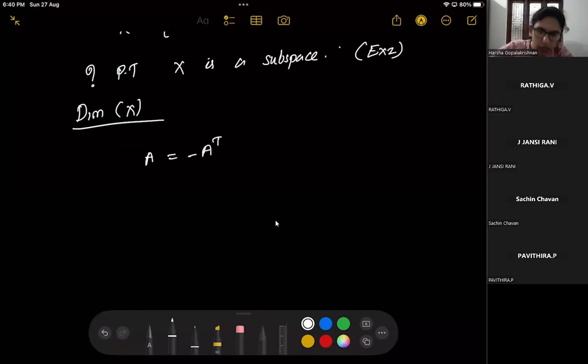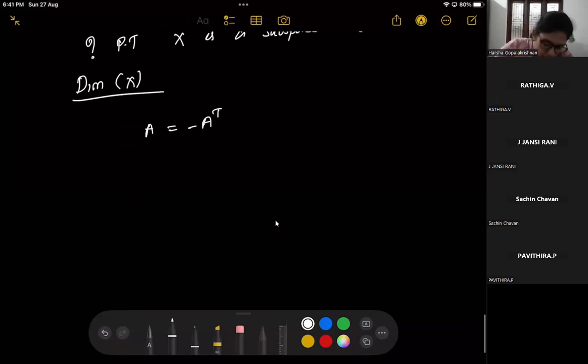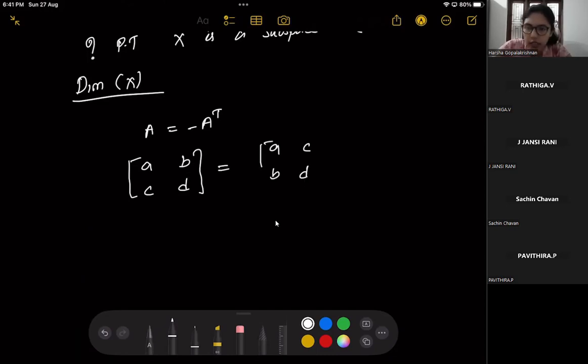Okay, let's solve it. A equal to minus A transpose. Here A equals [A B; C D]. A transpose is interchanging rows and columns, and minus A transpose means taking a negative sign.